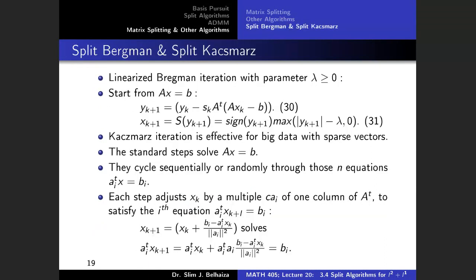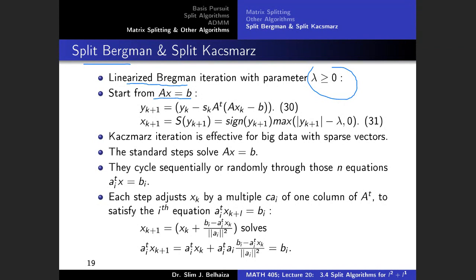And the last notes I want to add are about what is called the split Bregman and the split Kaczmarz algorithms. So for the split Bregman, we have the linearized Bregman iteration with parameter lambda, which is positive. We start from our original system, Ax equals b, and iterate. Okay? We iterate using this updating scheme. Let me correct it.